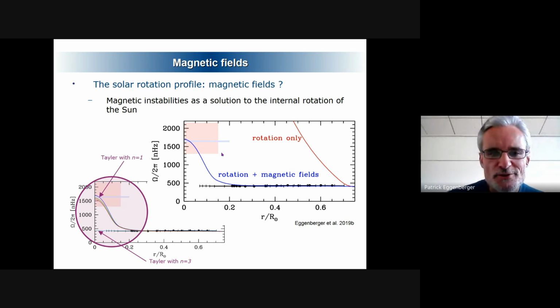Then, depending on the prescription, if it's the original Tayler prescription, we see that we have a core that is rotating approximately 4 times more rapidly than the surface. This change in the rotation profile is directly related to the fact that here you have strong chemical gradients related to the nuclear reactions.